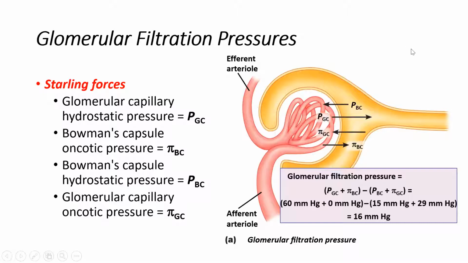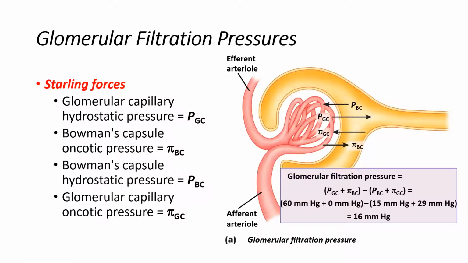And it's a very similar phenomenon as what you would have talked about in terms of movement of fluid across capillaries. Same thing happening here. But let's describe the forces first, and then we'll talk about what direction they're moving in and practice some calculations. So the first force is the glomerular capillary hydrostatic force.